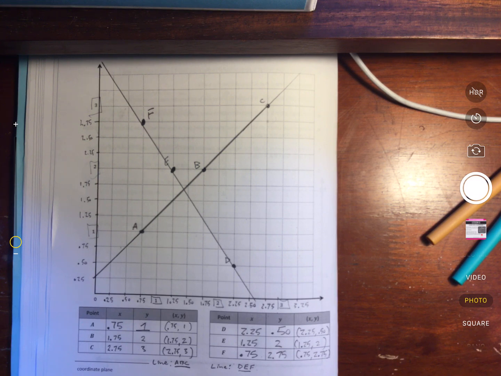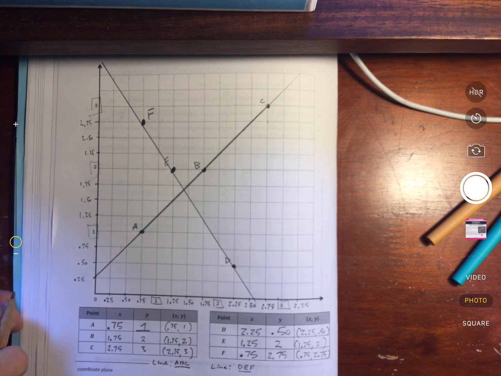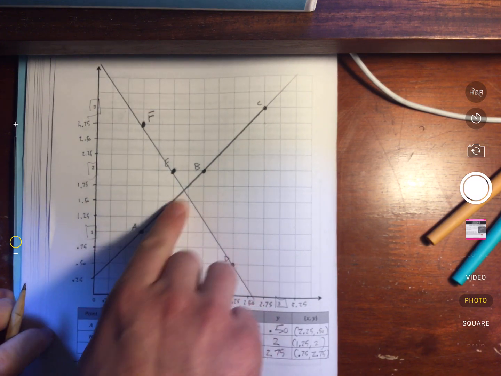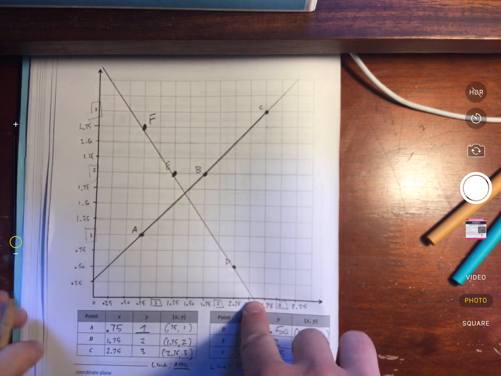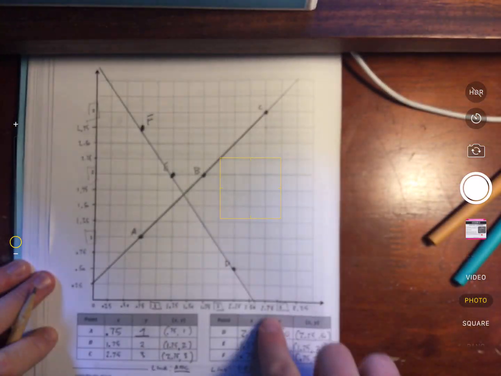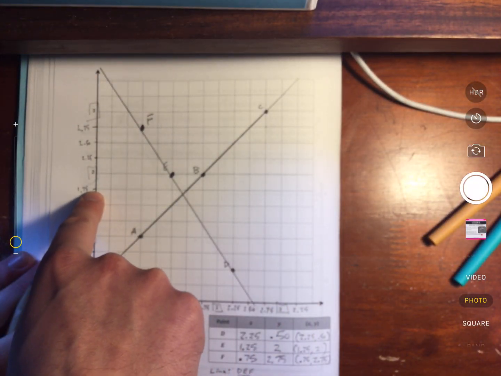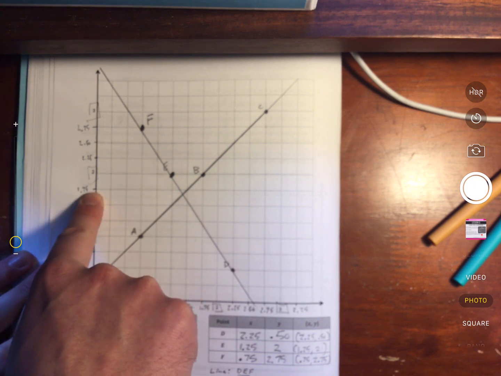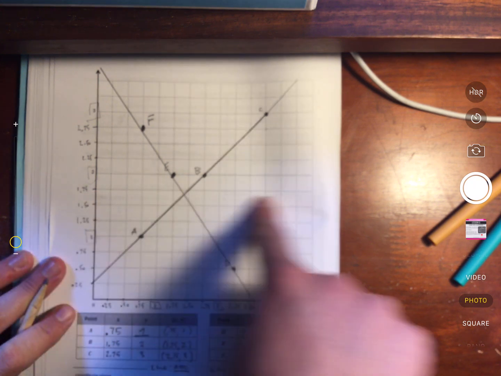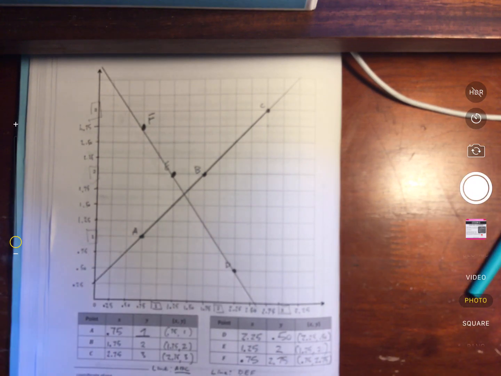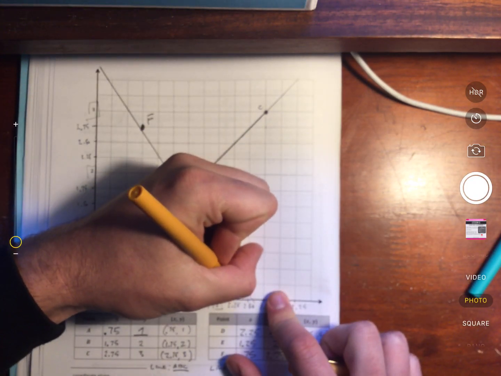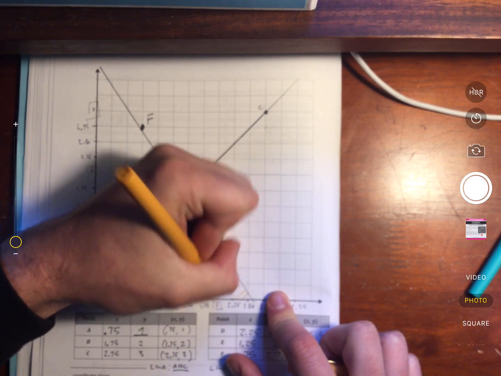So the region I'm going to shade in is going to be the intersecting points of lines A, B, and C, and D, E, and F, and I'm going to shade in the region that is less than the y coordinate of 1 75/100. And so I'm going to shade this in with my nice handy dandy mustard colored marker.